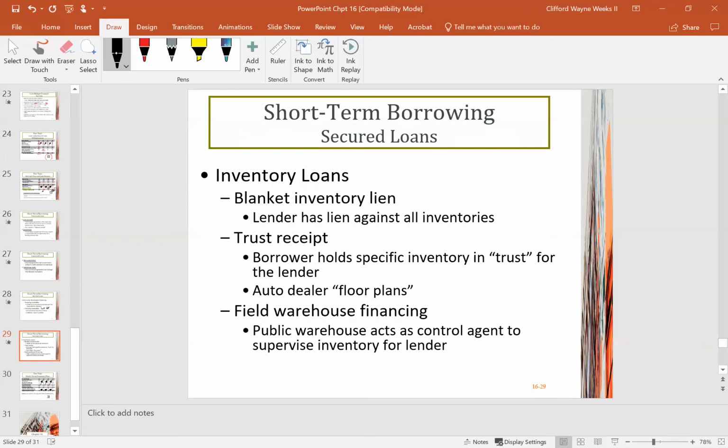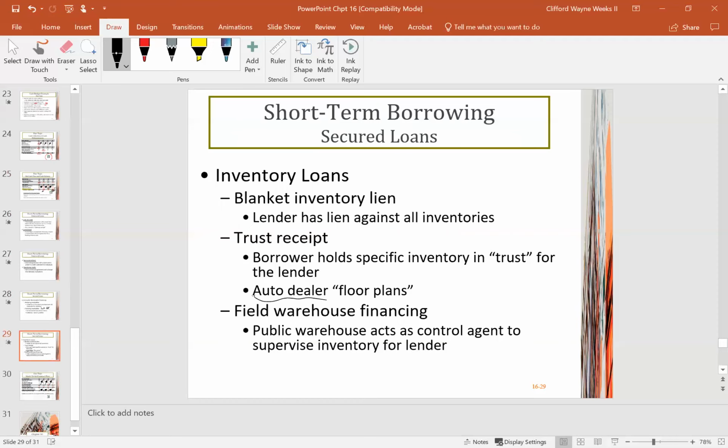Other types of secured loans include inventory loans, a blanket inventory lien. It's not over the accounts receivable, this is over the inventory that we're potentially purchasing. With the trust receipt, the buyer holds specific inventory in trust for the lender. So as soon as we sell that inventory, and they talk about an auto dealership, when we sell that particular car, we're going to pay off that loan that we used to buy that car.